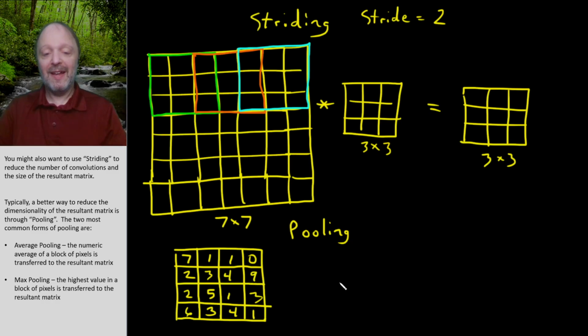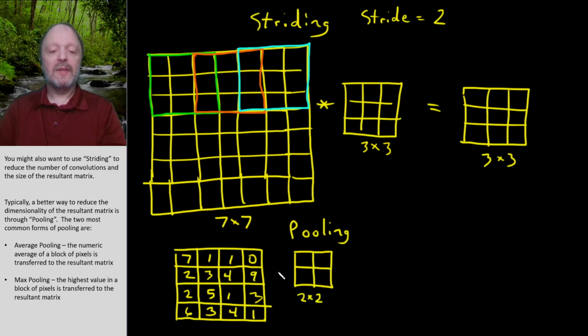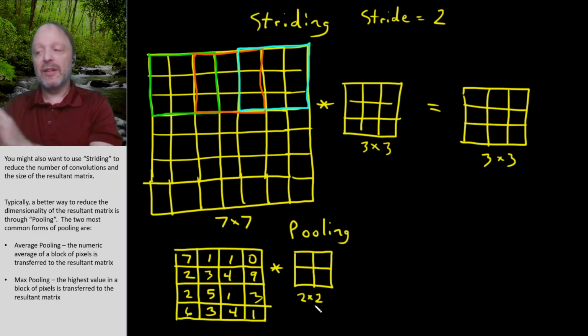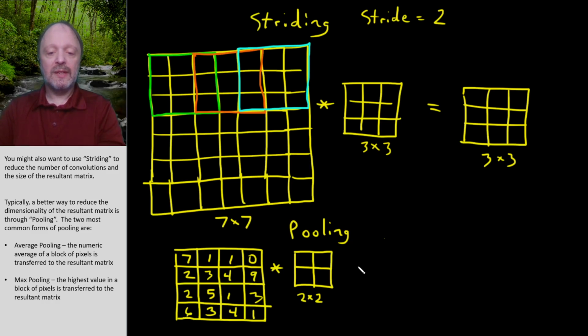Now, pooling, let's say we use a 2x2 filter. This is a 2x2 filter. If it is something called average pooling, okay?